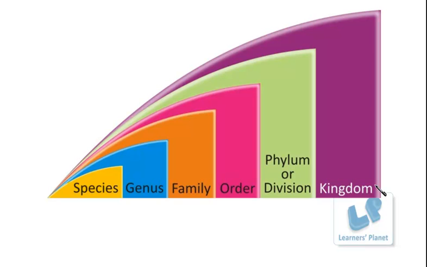That means it is comprised of the maximum number of organisms, and definitely it will include all these different types of organisms, right? Now further, this subdivision is shown here, and this subdivision is on the basis of the dissimilarities. See, there is a large kingdom here.